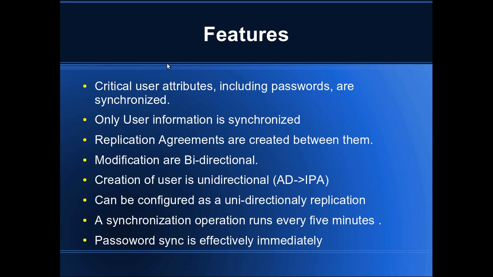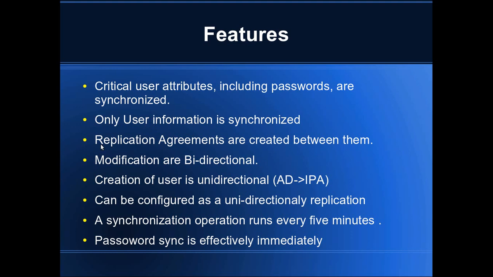Replication agreements. If we are talking about replication with the 389 directory server, with some other 389 directory server or Active Directory server, this is a kind of agreement that happens between the two directory servers that defines when the replication should happen and what attributes should be replicated.